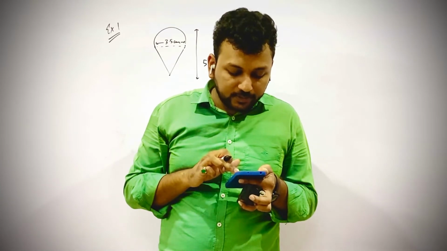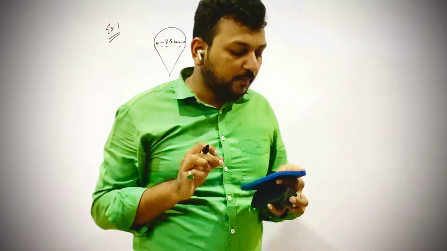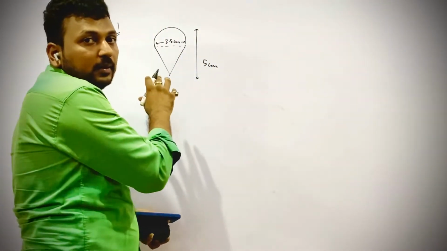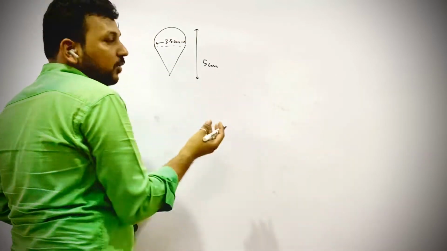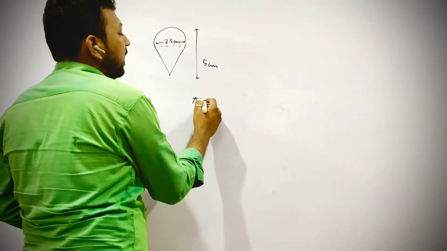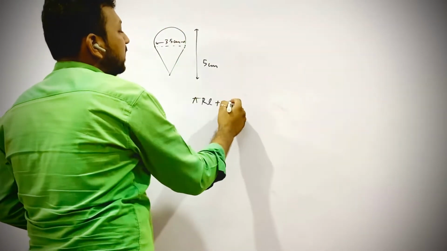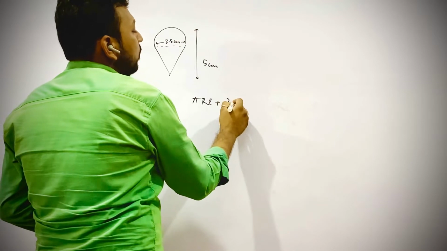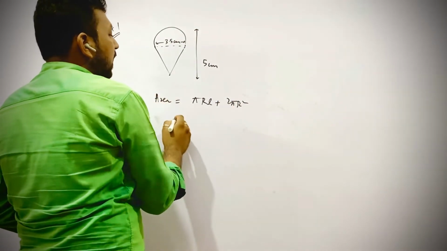Entire top is 5 centimeter in height. Diameter is 3.5. What is the area? So he has to color this figure. So he has to cover this curved surface here, which is a cone, that is pi r L, plus he has to color the top surface, that is 2 pi r square, right? It is a hemisphere. So this is the area which is asked in the question.